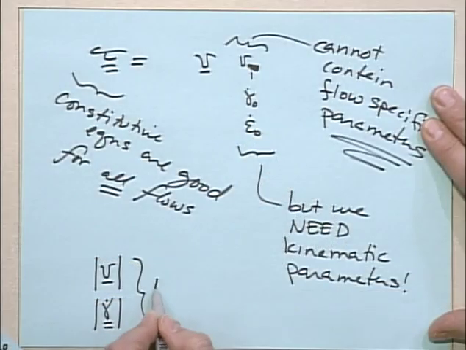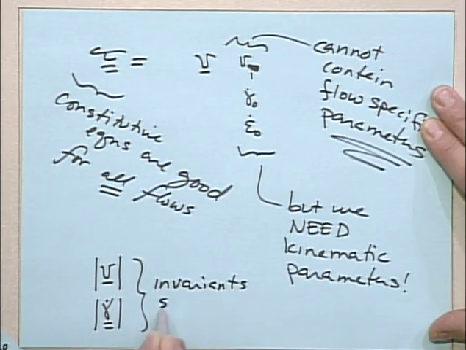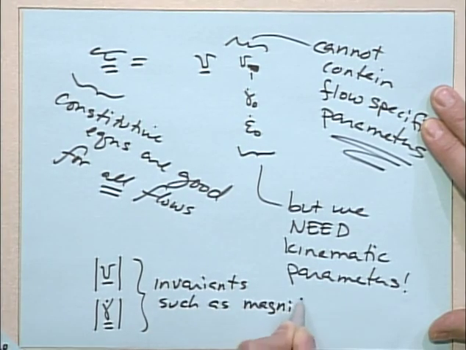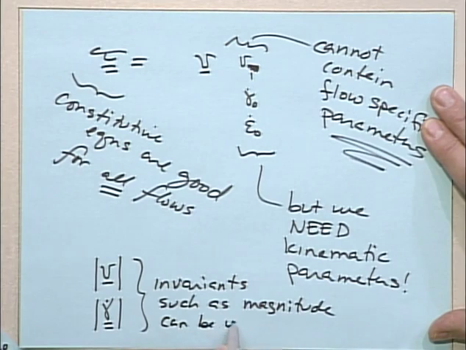We can do all kinds of kinematic parameters that are neutral to the flow that can be calculated for any flow, okay? Invariants, such as magnitude. These are magnitudes of a vector, magnitude of a tensor, and can be used as kinematic parameters.